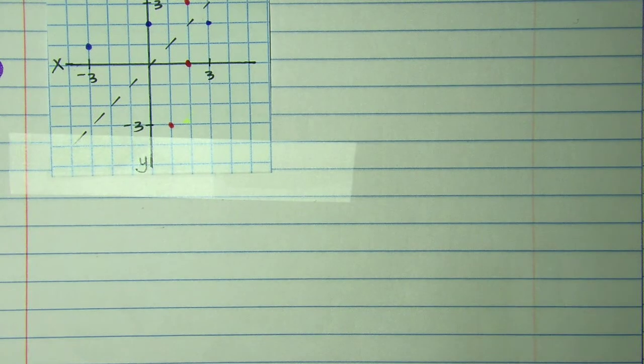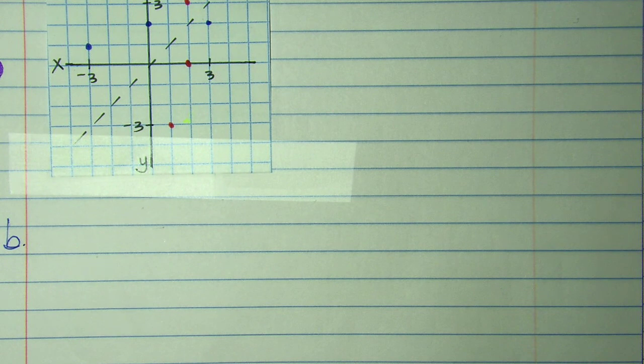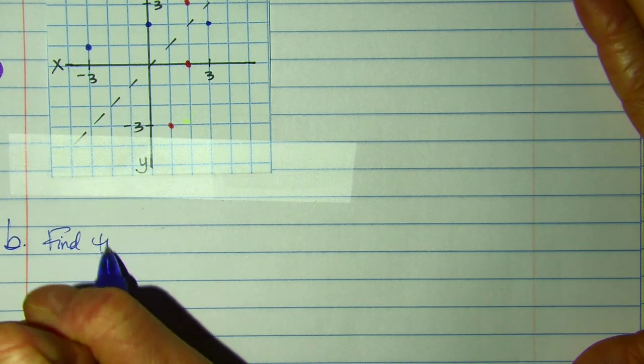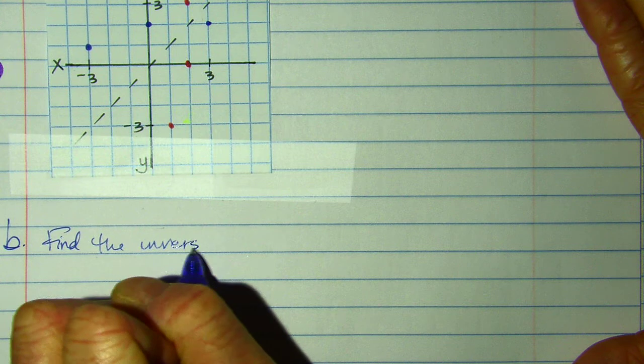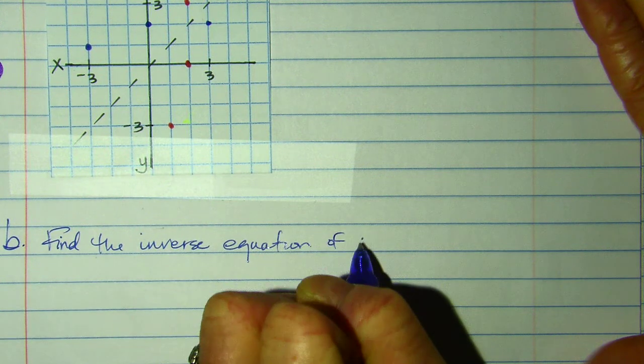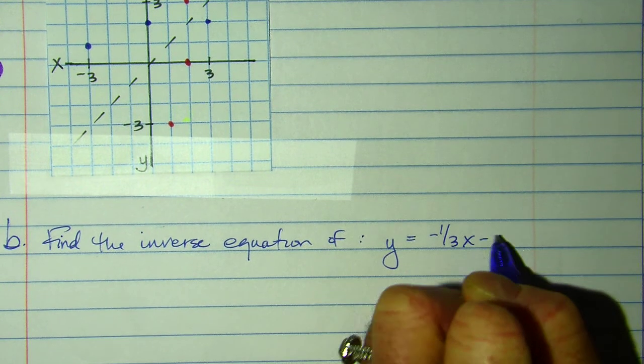So part B asks us to find the inverse equation of y equals negative 1/3 x minus 1.